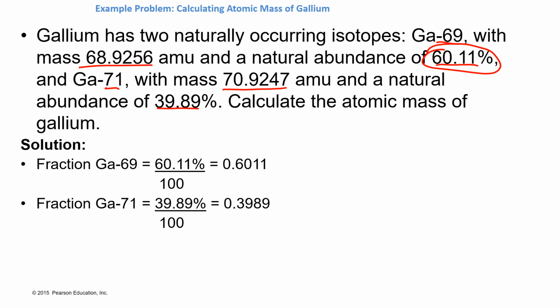So now plugging it in, the way that we did. I only have two isotopes this time, so I can use 0.6011 times my 68.9256, and then for this one, I'm going to use 0.3989 times 70.9247.